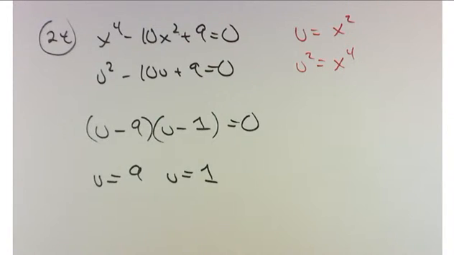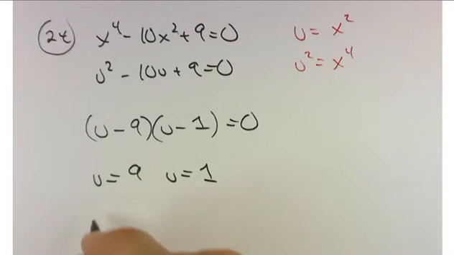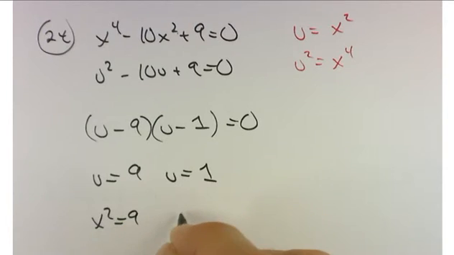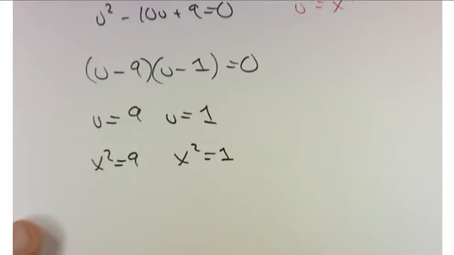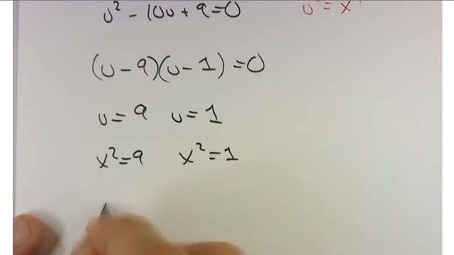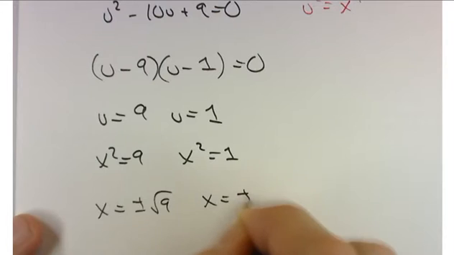There's a little bit more that we can do and should do because we're trying to solve for x, not for u. So what should I do at this point? Instead of u equals 9, x squared equals 9. x squared equals 1. So x is plus or minus the square root of 9. x is plus or minus the square root of 1.